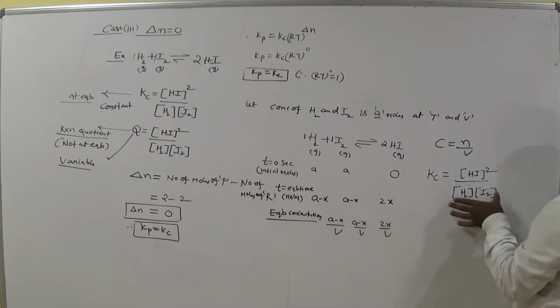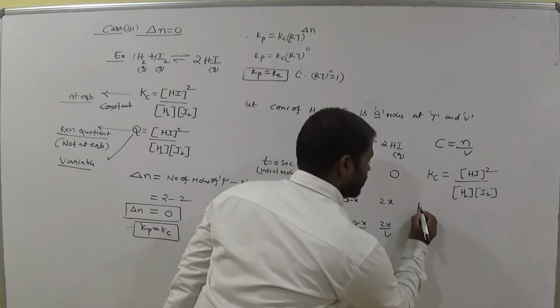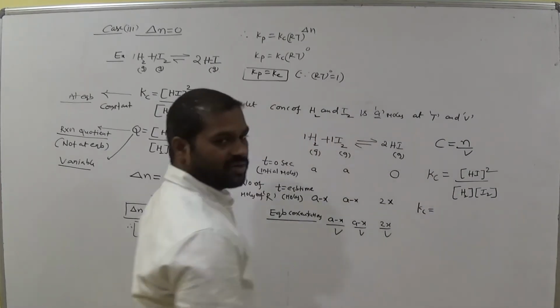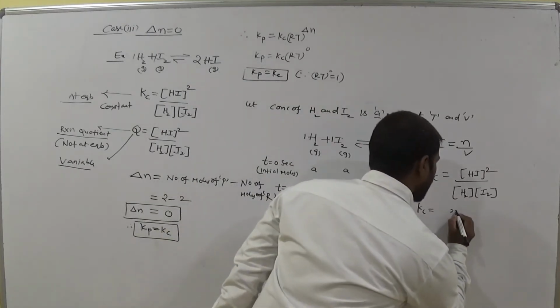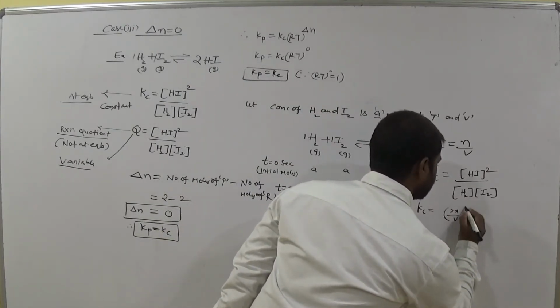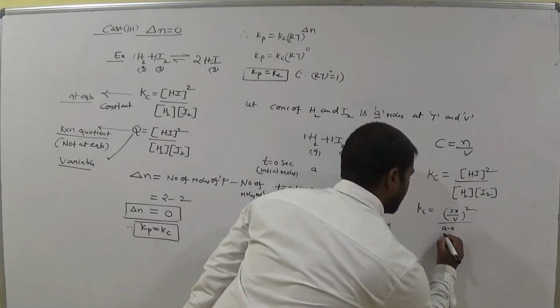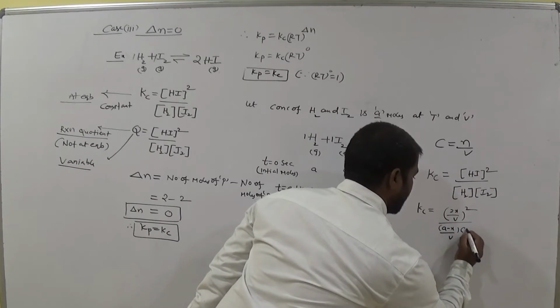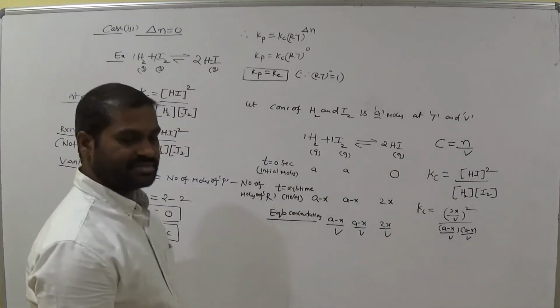Keep these values in this expression, then Kc is equal to how much? What is HI? That is 2X by V whole square, divided by A minus X by V and A minus X by V. Am I right?